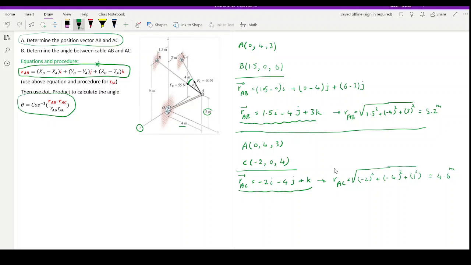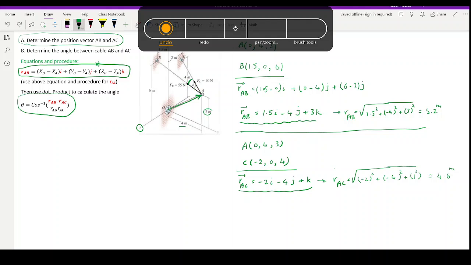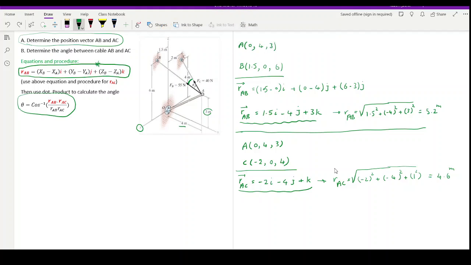Second thing that I have to mention is that you can find angle between any vectors. For example, you can find angle between this vector and this vector. It doesn't matter if it's a position vector or if it's force vector. You can find between any vectors.